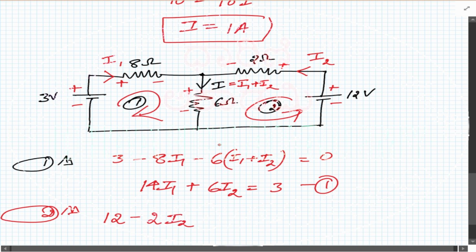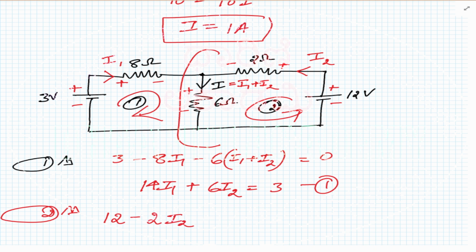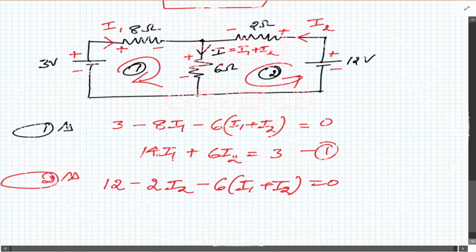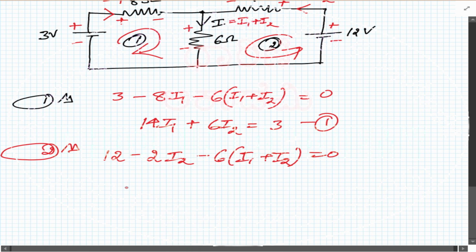Then I am moving from the upper side to the below, so it is plus to minus, so minus 6 times the current, which is I1 plus I2. That's also equal to 0, because the algebraic sum of the voltages is equal to 0. So now let's bring the terms to the other side. Minus 6 I1 becomes plus 6 I1. Then 6 plus 2 is 8, plus 8 I2 is equal to 12. Okay, so this is equation number 2, right?